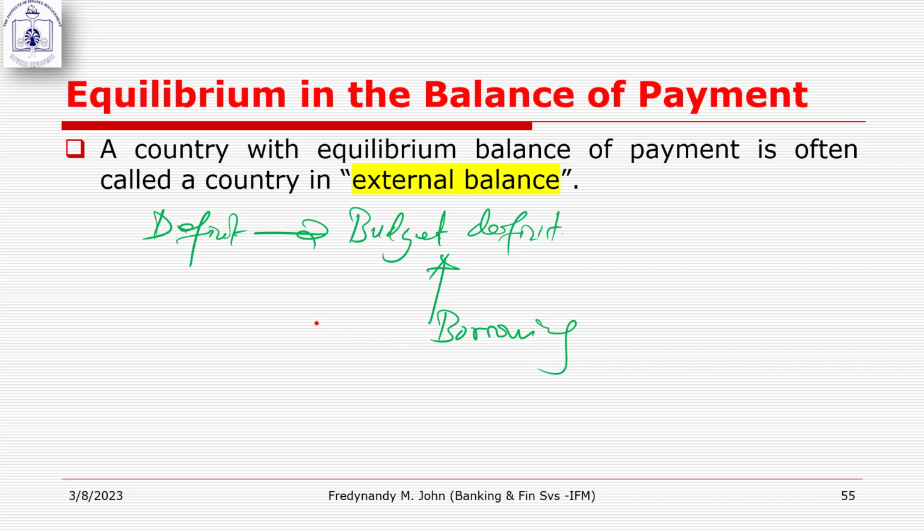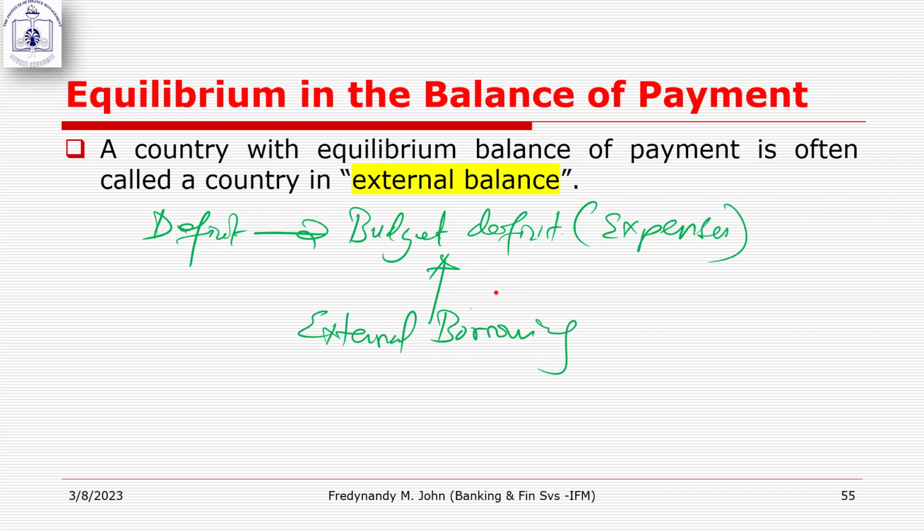Now, this will be external borrowing in order to finance government expenses. Otherwise, the government won't be able to run its operations. Why external borrowing? Because internal borrowing cannot suffice.